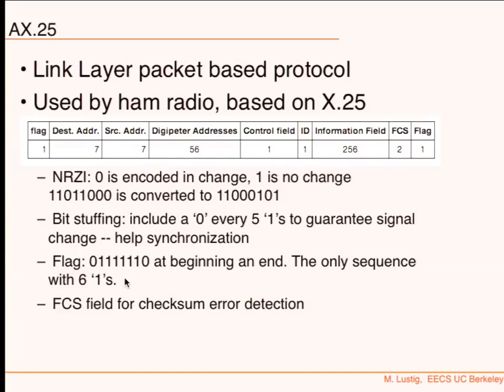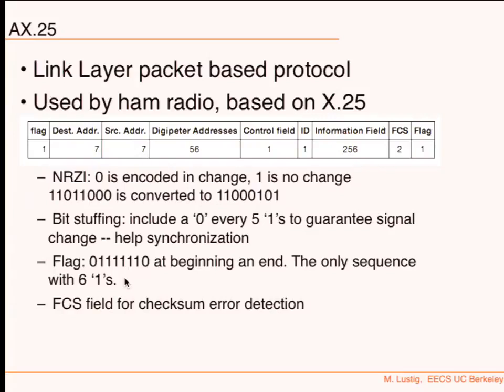Now, if you look at this, the flag has actually 6 ones. That guarantees that the flag is unique. So you can always detect the beginning of a packet by looking at a transition, constant, and then a transition. It's kind of like a rect pulse, if you think about it, of a certain length.